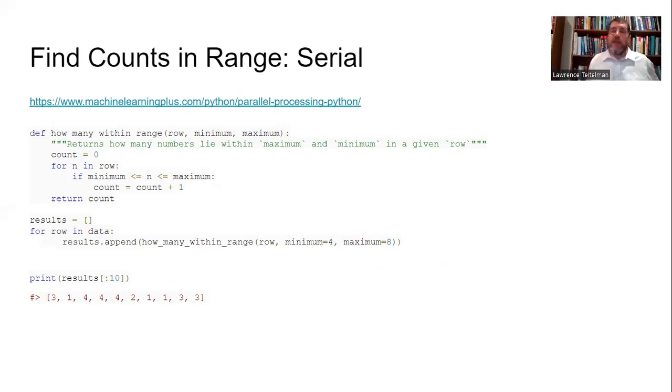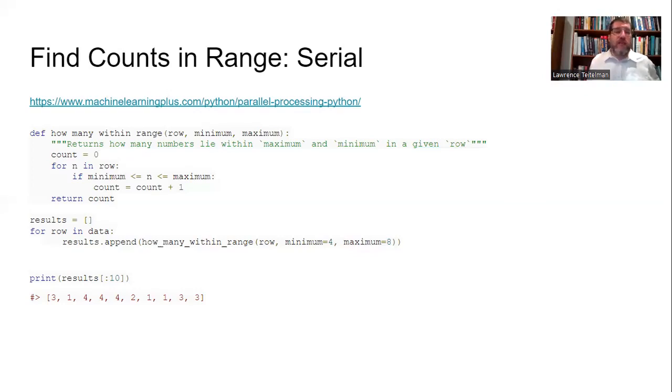I don't know. Let's say we're looking at test scores. You're saying anyone who is in that range has to take the exam. If they're outside the range, if they're doing so well in the course, maybe they don't have to take the exam. And if they're doing so poorly, well, the exam isn't going to help them. They're going to fail anyway. So whatever the reason is, we want to get the number that are in this particular range.